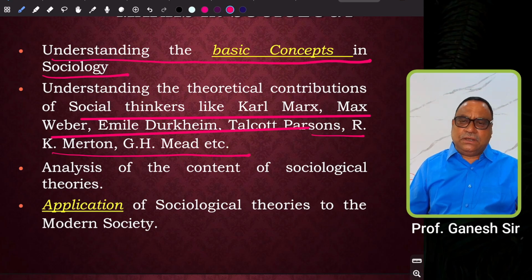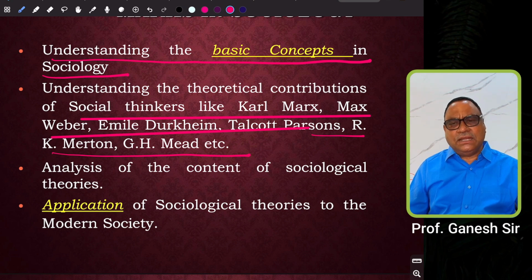Similarly, Emile Durkheim has discussed the theory of division of labor and social solidarity, the theory of suicide and the theory of religion, and most importantly, he has introduced the concept of totemism.